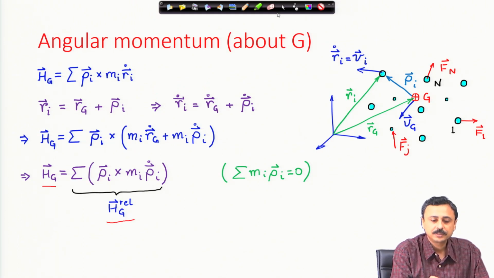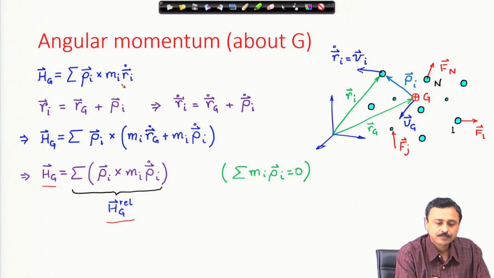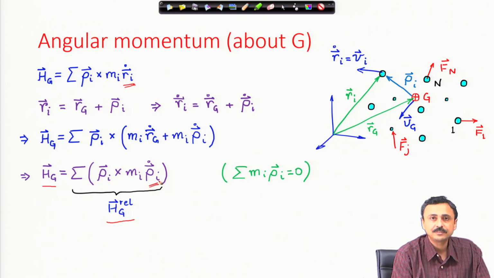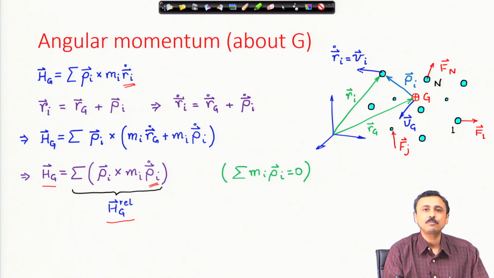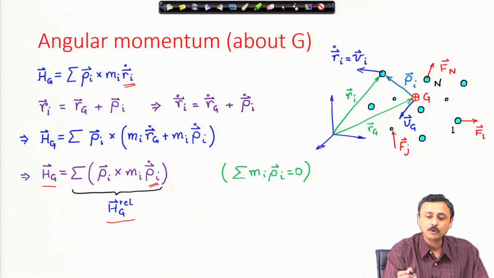You should note a difference here in the definitions of H_G and H_G_rel, that here we have the absolute velocity of the ith particle, here we have the relative velocity of the particle with respect to the center of mass. But finally, these two angular momenta turn out to be equal, H_G and H_G_rel. So, angular momentum of a system of particles about the center of mass is the same as the relative angular momentum of the system about the center of mass.